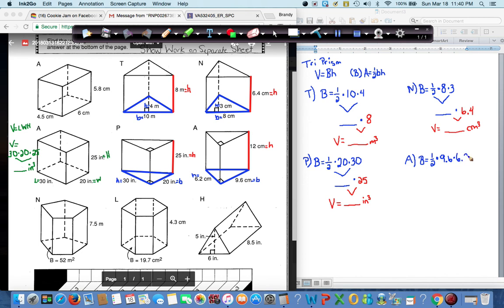All right, so 1 divided by 2 times 9.6 times 6.2. You multiply all that together, and then we multiply it finally by the height of the entire prism, which in this case is 12. Those two things go together, and we have volume equals centimeters cubed. Okay? All right.